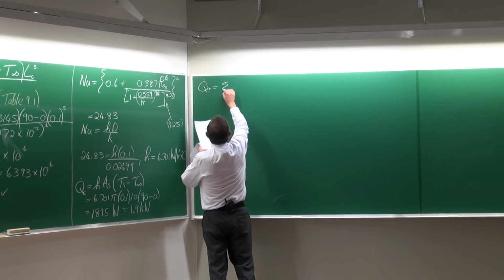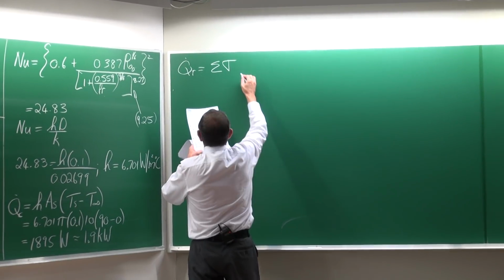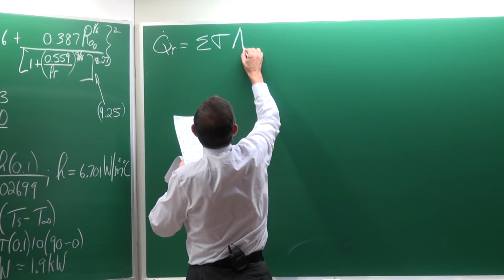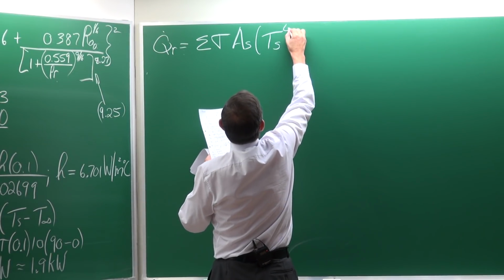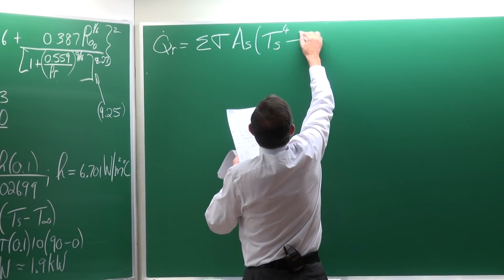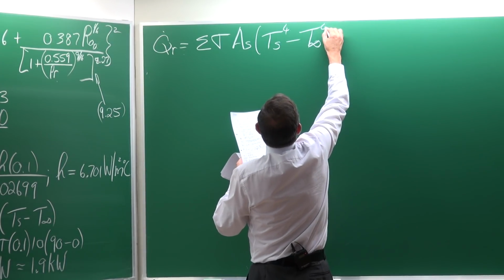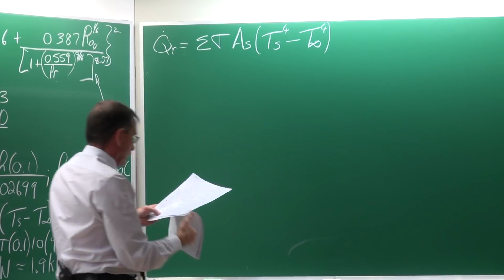That is equal to the emissivity multiplied by the Stefan-Boltzmann constant, the surface area, multiplied by the surface temperature to the fourth minus the environment temperature to the fourth.